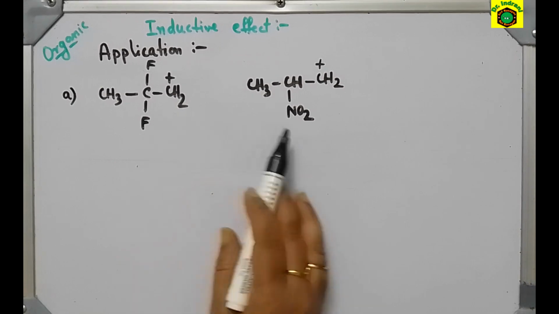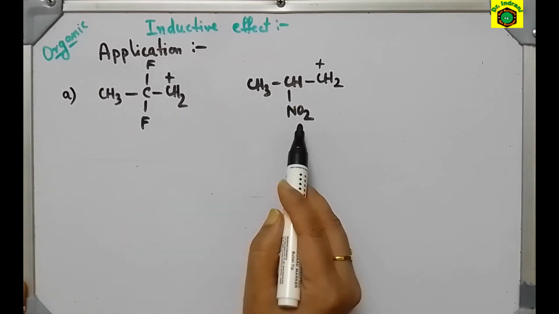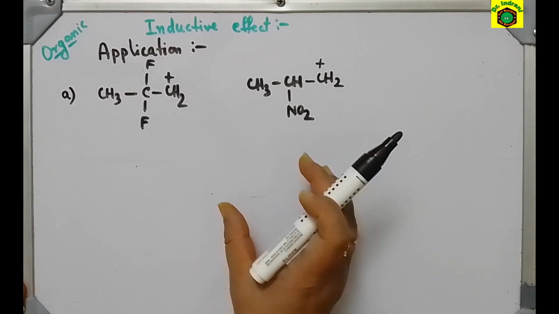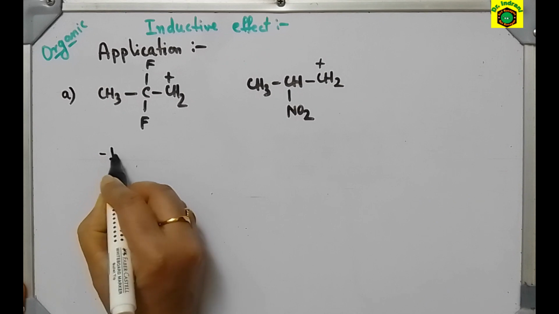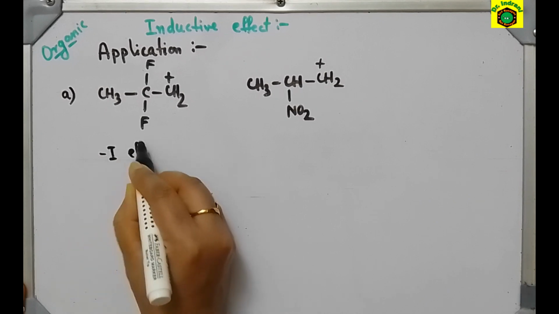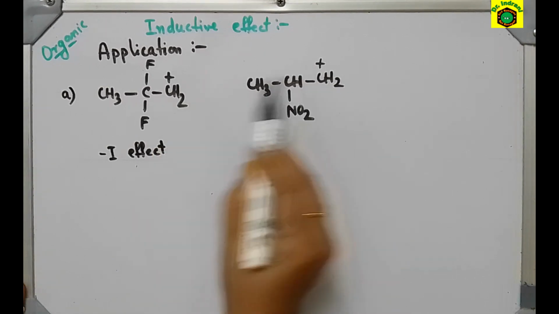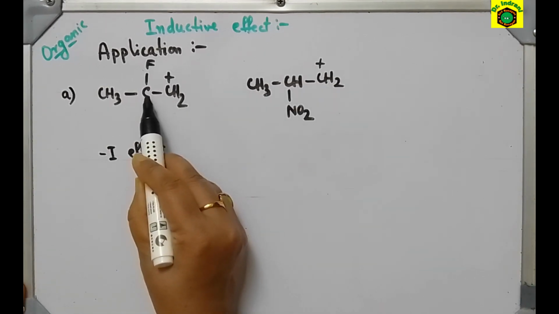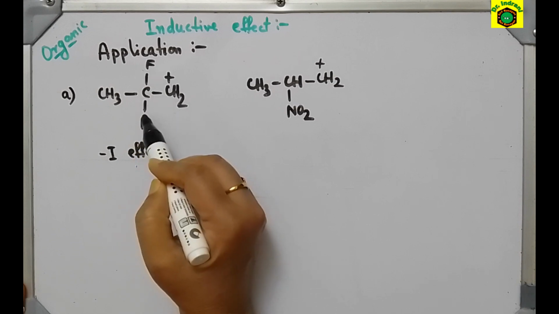Now see, between these two carbocations, which one is more stable? F, nitro, those are electron withdrawing groups. Electron withdrawing group means these are having minus I effect. Now see, with respect to this carbocation, at the alpha carbon, electron withdrawing group is attached.